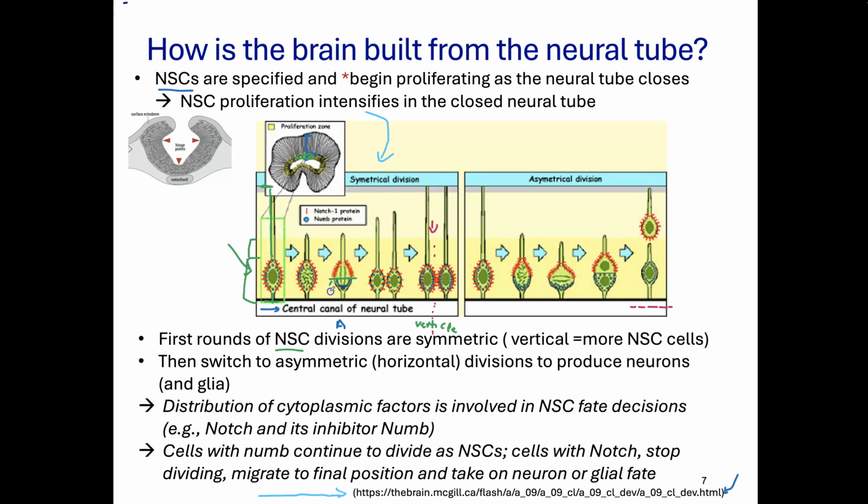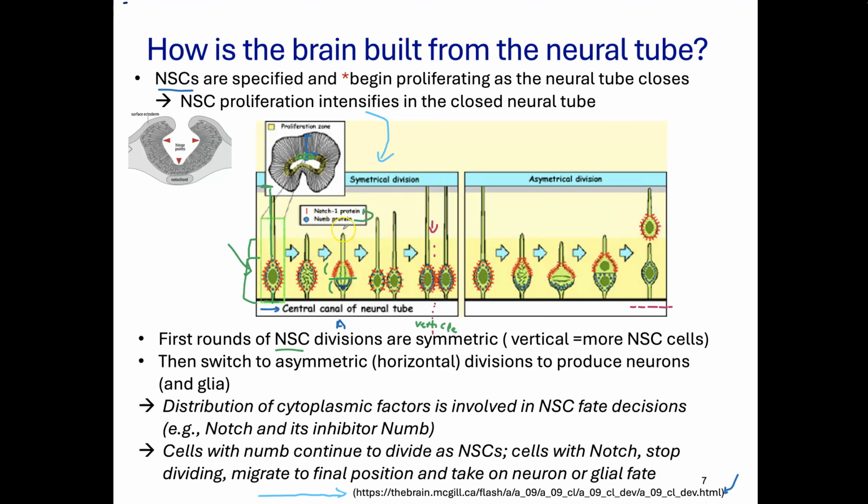So on the apical side, you have most of the Numb, and on the basal side, you have most of the Notch. Numb's job is to inhibit Notch function. So when Numb is present, it is preventing Notch from signaling and forming the neural fates, right?